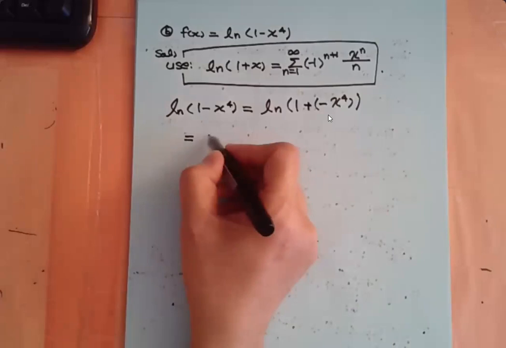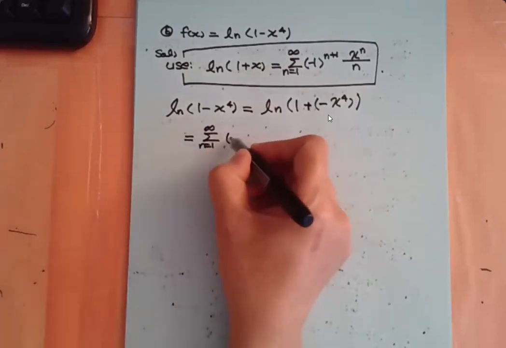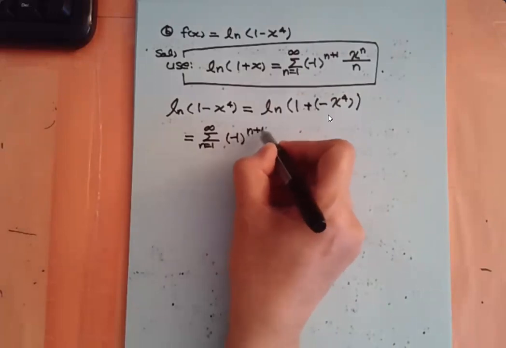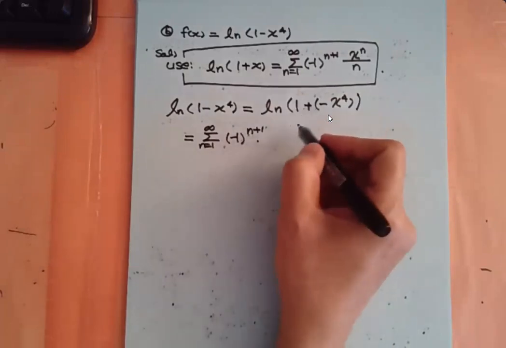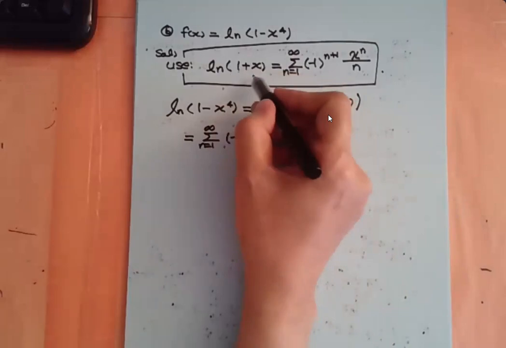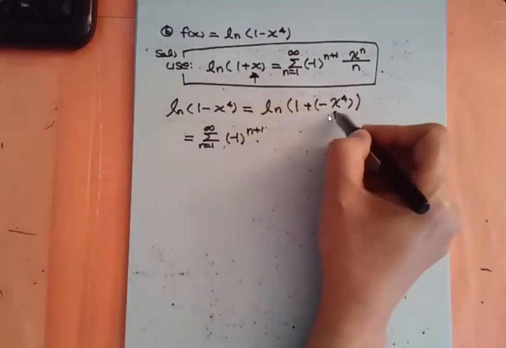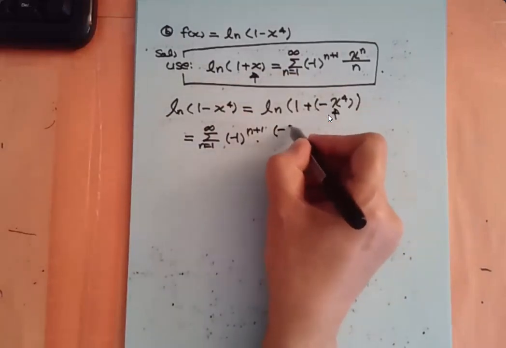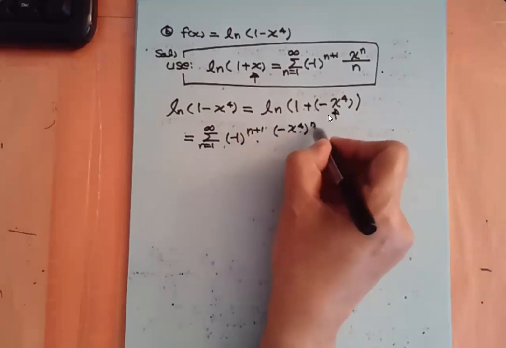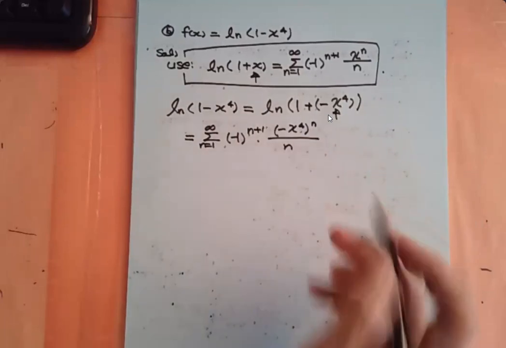So that equals summation n equals 1 to infinity, negative 1 to the n plus 1 power times this one, this part became negative x to the 4th power. So negative x to the 4th power, n power over n.